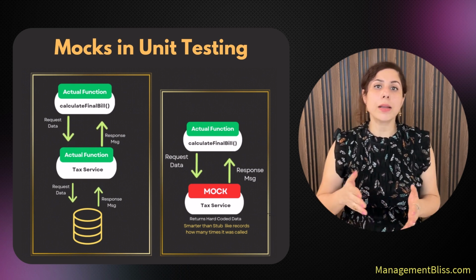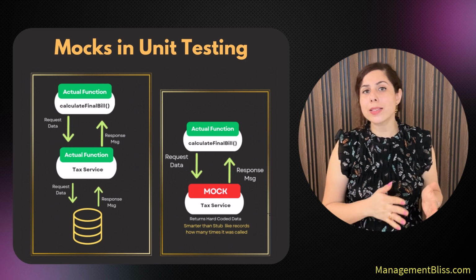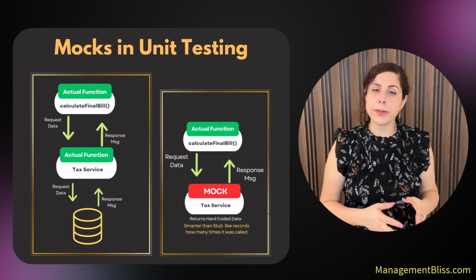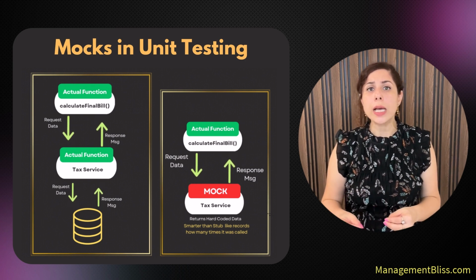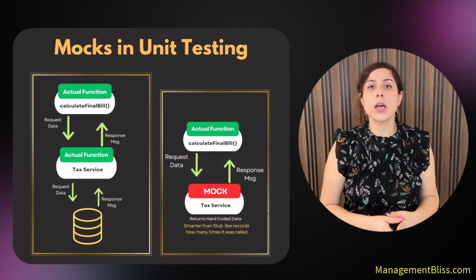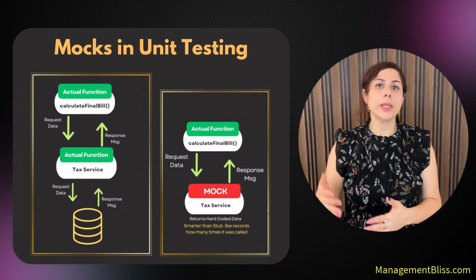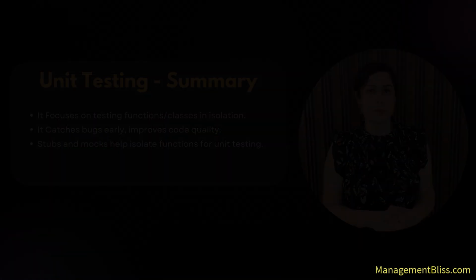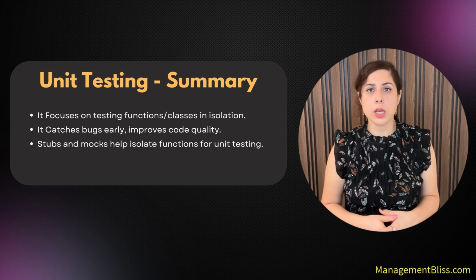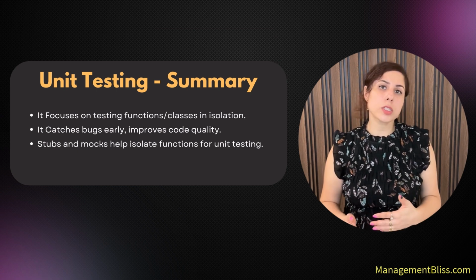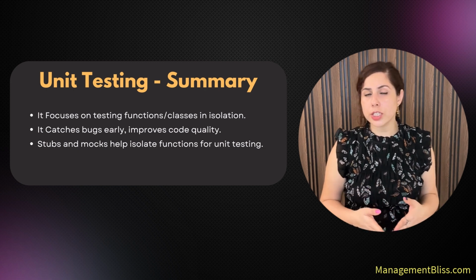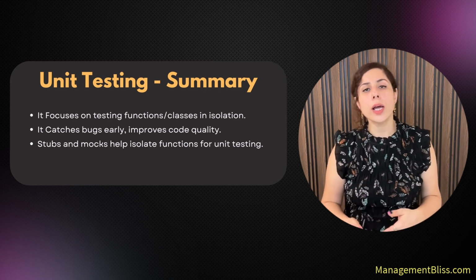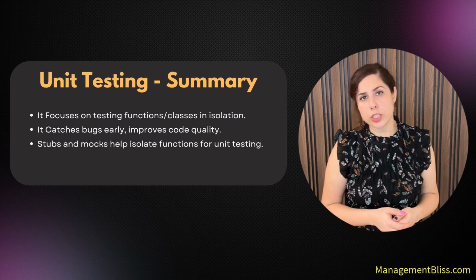Using stubs and mocks allows you to isolate the function you are testing, making sure your tests focus only on that specific piece without interference from the other parts of the system. So, to summarize, unit testing focuses on testing individual pieces of code such as functions and classes to ensure that they work correctly in isolation.